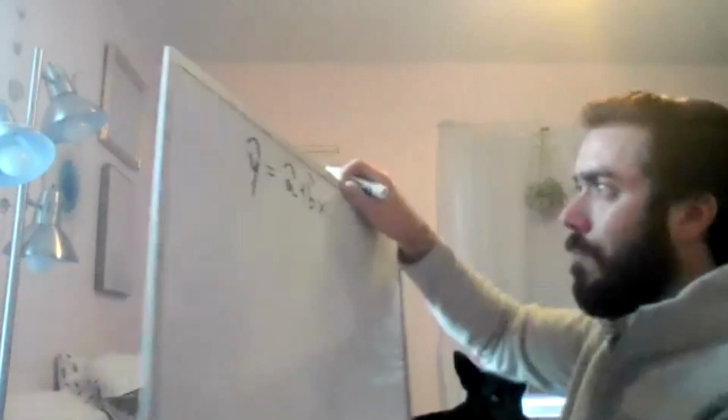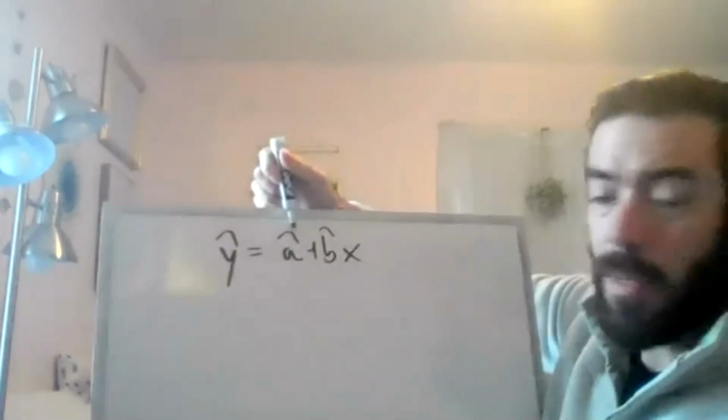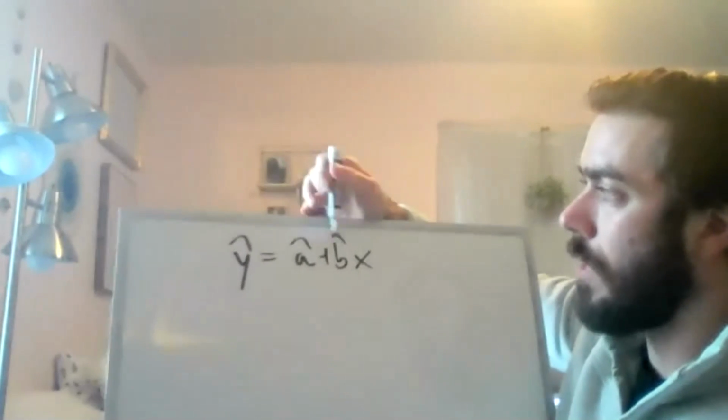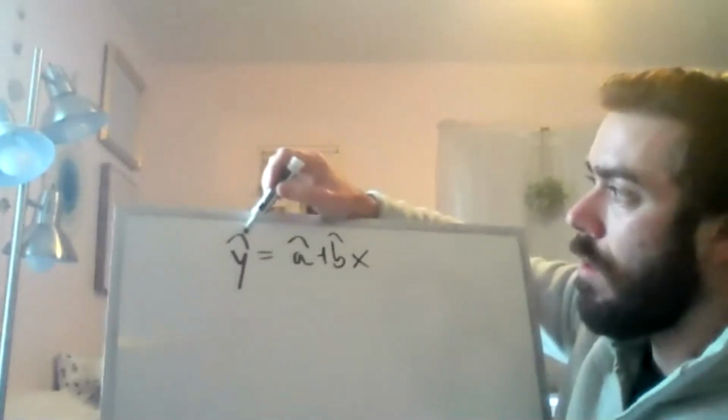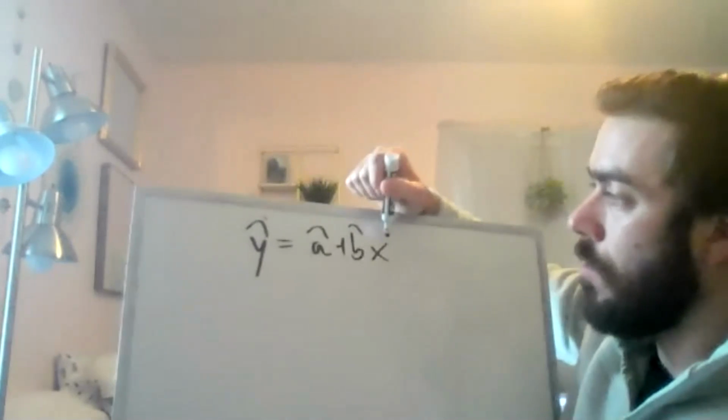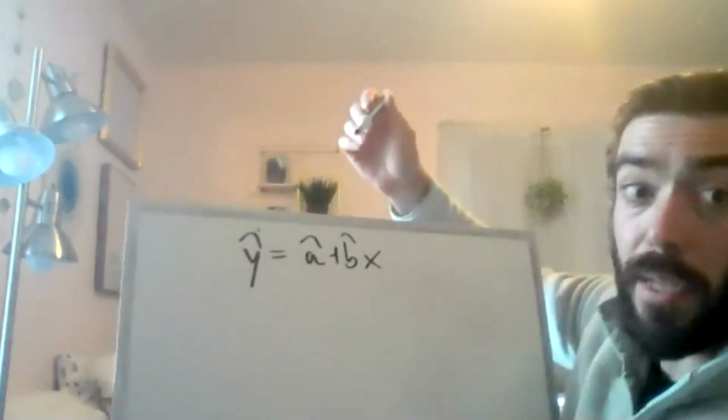So when we're making predictions with whatever regression model we've used, we've got whatever estimates we get from Excel for the coefficients on the intercept and the slope. We could use those values and plug in different values for X to come up with predicted Ys.